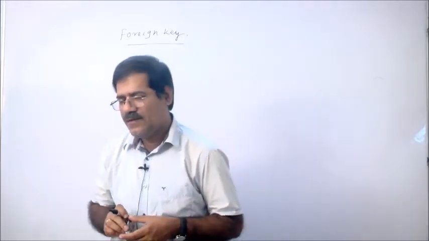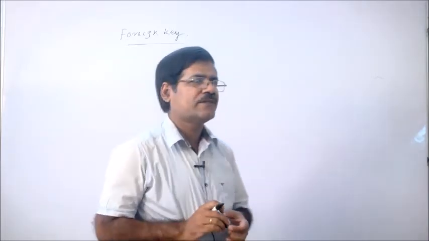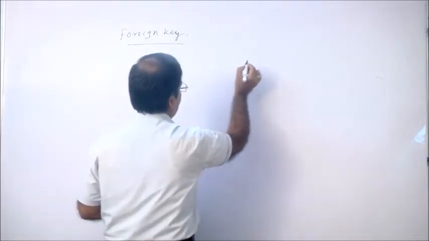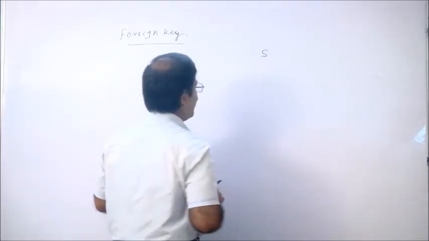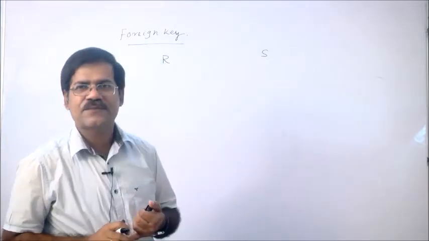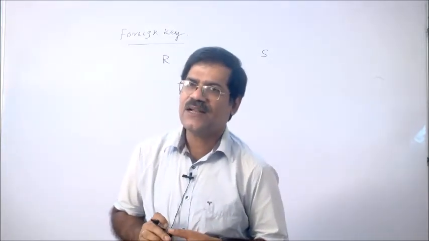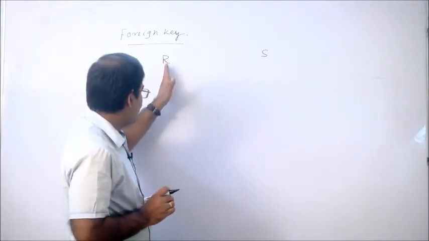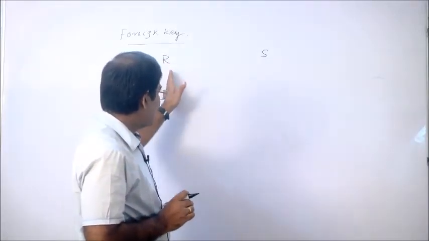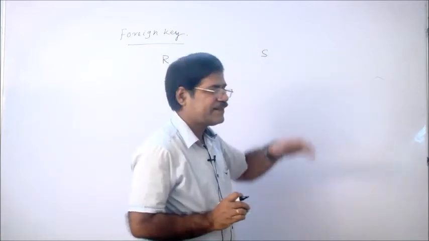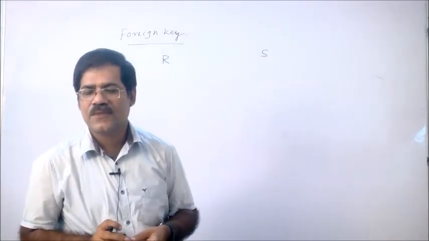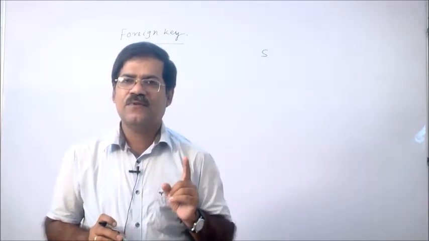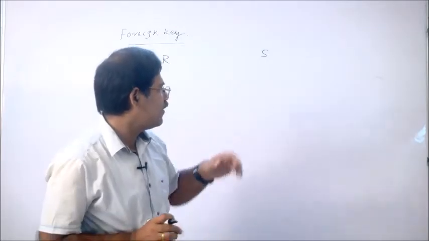Let R and S be two tables. R is one table and S is another table. The field or attribute which is a key for table R, or relation R, and that field is a non key for table S. Get my point?